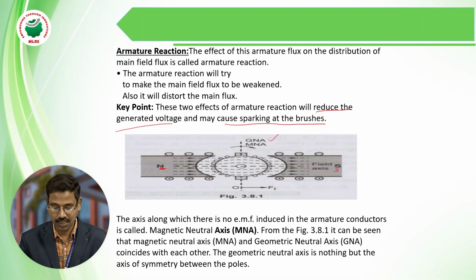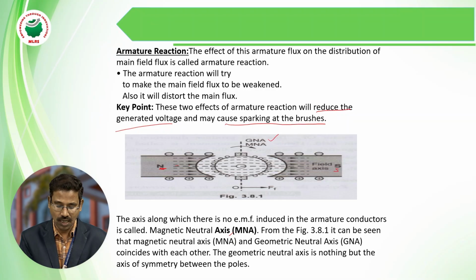Another axis is the MNA, the magnetic neutral axis. When a conductor is placed along this axis, the EMF induced in the conductor is zero, and that axis is called the magnetic neutral axis.